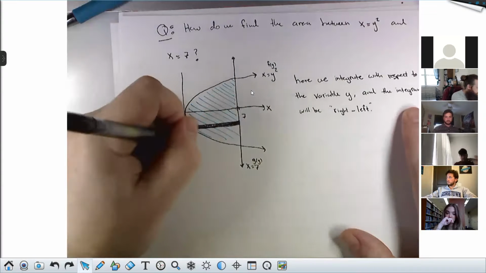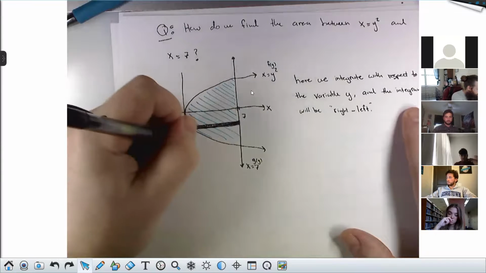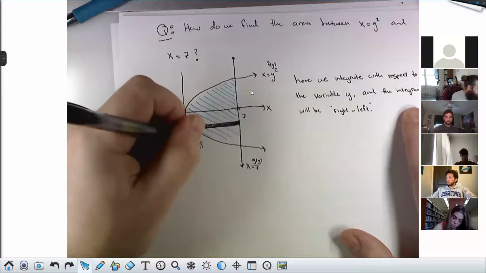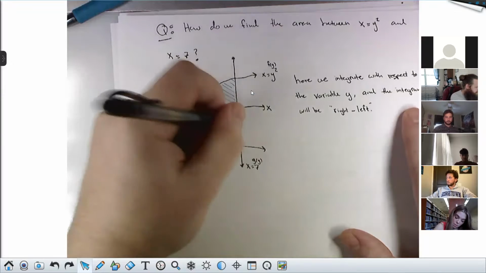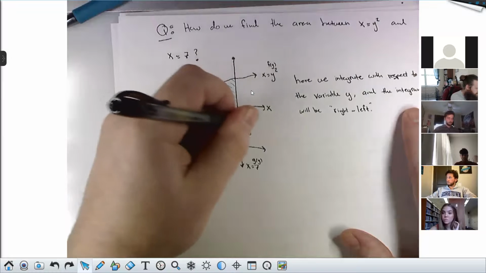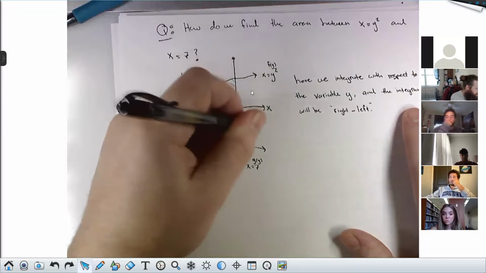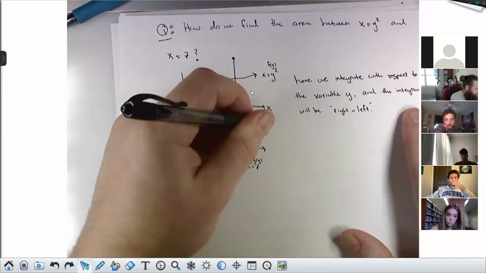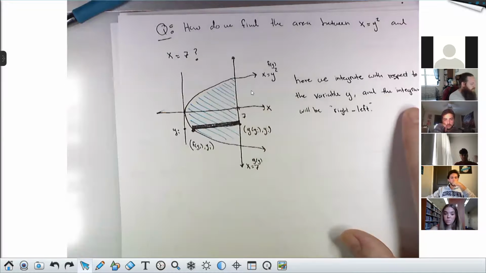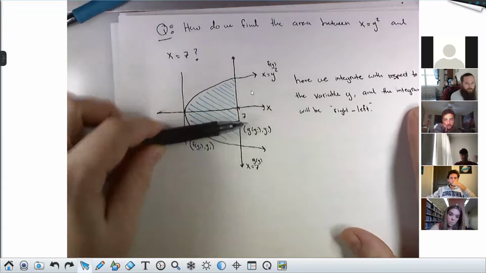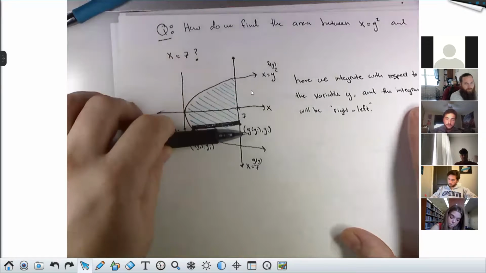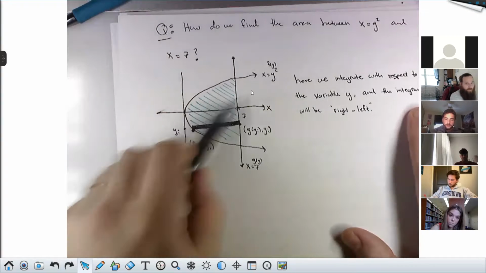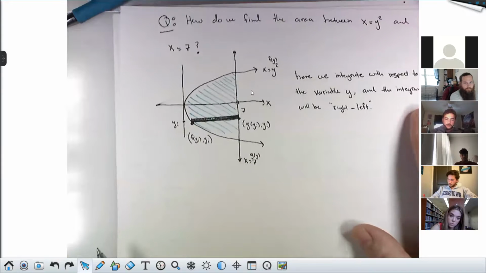Then this would be f of yi, comma yi, and this over here would be g of yi, comma yi. It's the same sort of vibe, but you're going to want to integrate right minus left. And then instead of imagining that rectangle is moving left to right, you imagine it is moving up to down. So all your Riemann rectangles would be horizontal in this.